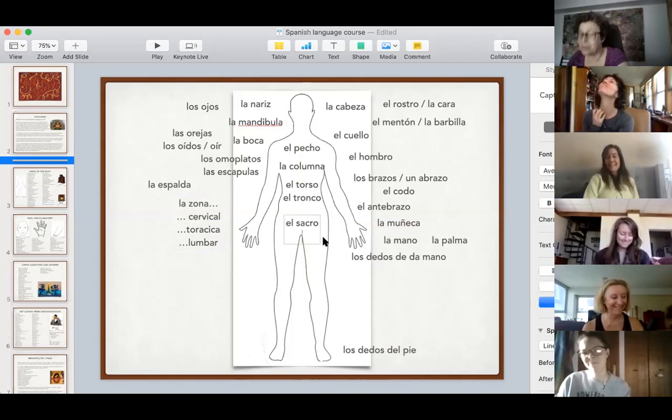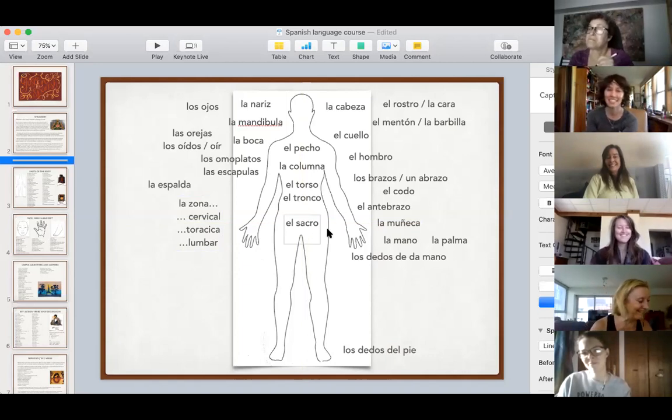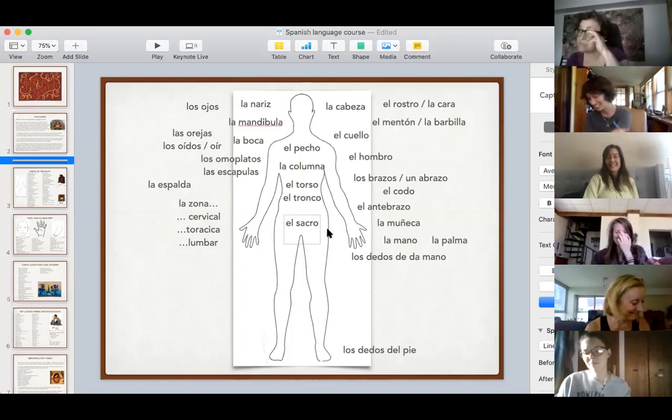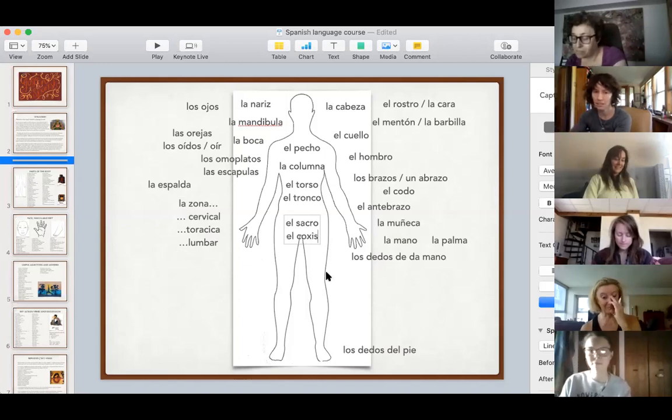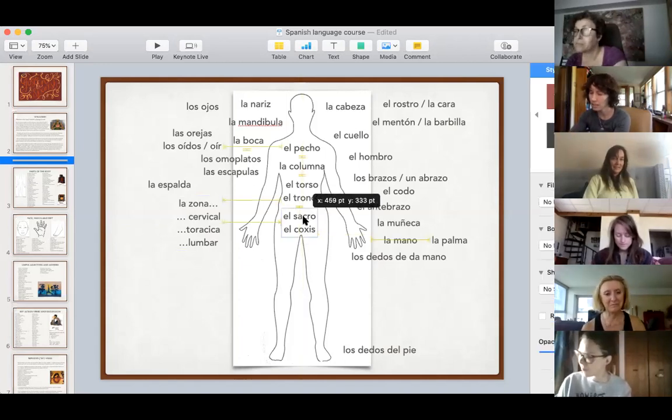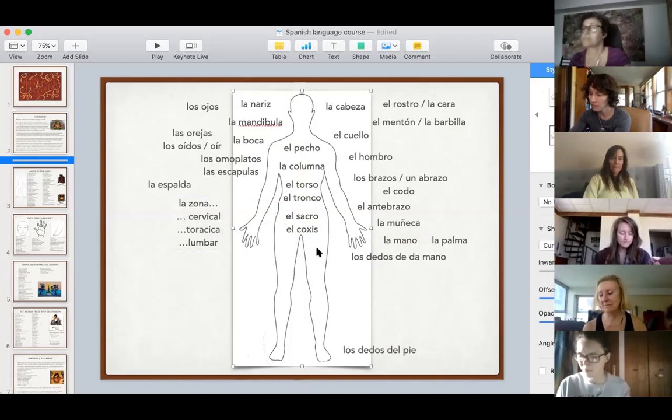C-O-C-C-Y-X, I think. It's a horrendous spelling, isn't it? Especially for any foreign speakers who've got to learn English with a double C, a Y, and an X. In Spanish, it literally sounds like it's written. So it's el coxis, X-I-S. That's nice and easy, no? El sacro y el coxis.